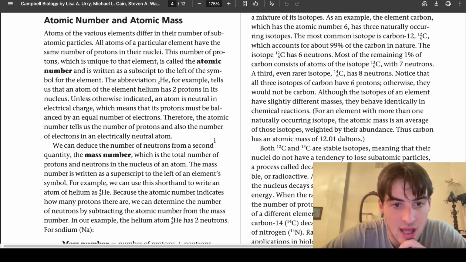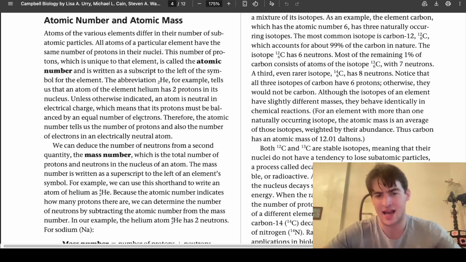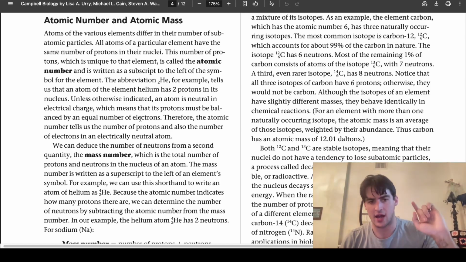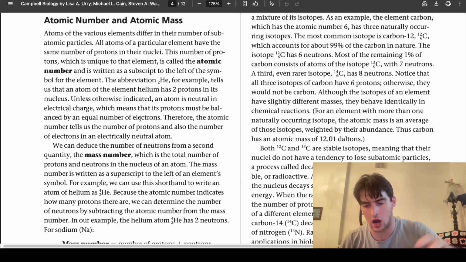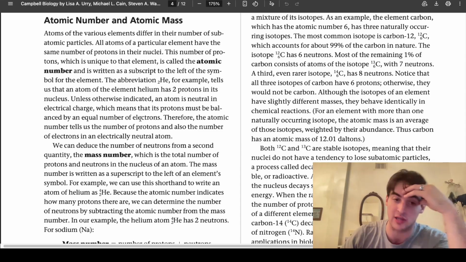Unless otherwise indicated, an atom is neutral in electrical charge, which means that its protons must be balanced by an equal number of electrons. And if I had to guess, I'm pretty sure that an element that has an uneven number of protons and electrons would be considered an ion with an ionic bond. I could be completely wrong.